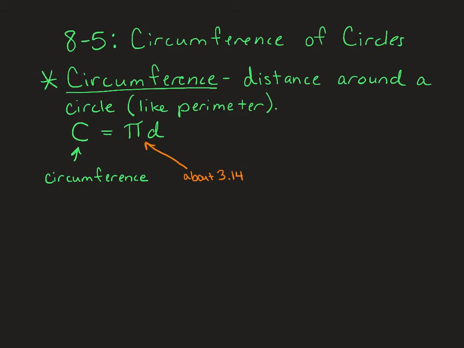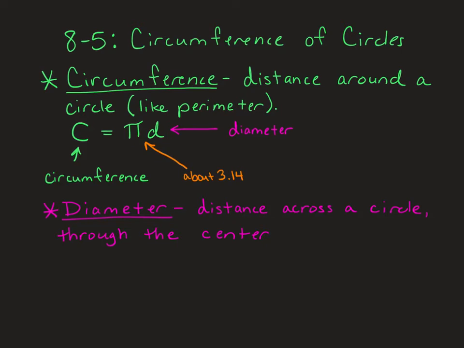It actually keeps on going forever. It's a number that has a decimal that keeps on going. So it's 3.14159, and it just keeps going. And then D represents diameter. That's the distance across a circle. So the diameter is the distance across a circle through the center of the circle.